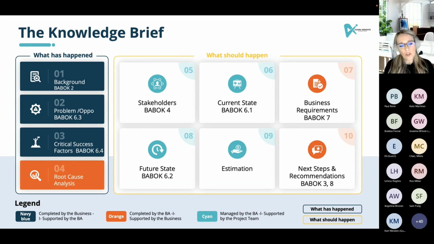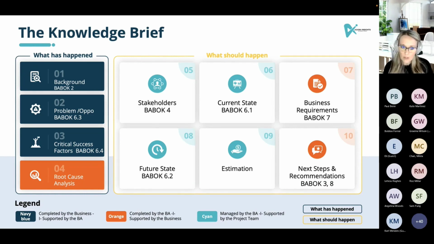Now, we start off with a knowledge brief, and I think Paul mentioned that this is a 3-part series. The knowledge brief we are going to be discussing is part 1, which is understanding what we are trying to achieve. We look at 4 key areas.